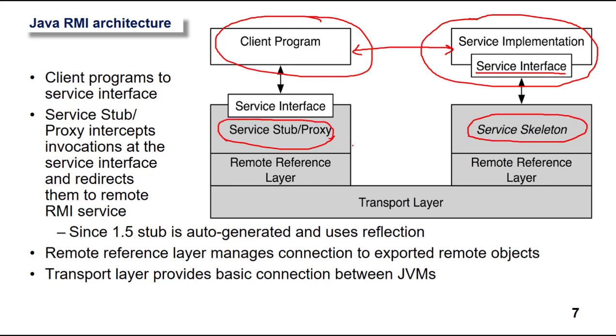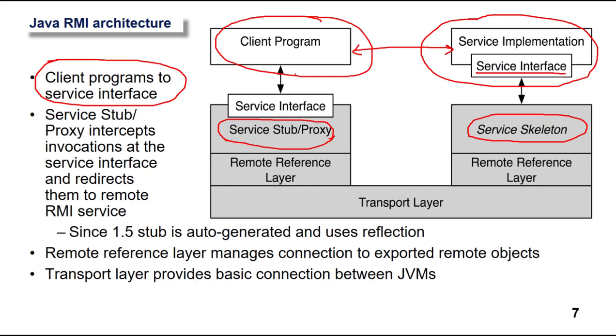The stub and the skeleton are essentially counterparts to each other. They do essentially the same thing. So for example, when the client program tries to access one of the remote methods on the service side, first of all, the client program programs to the service interface.